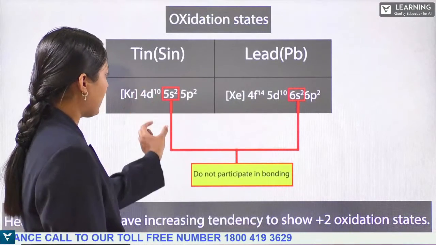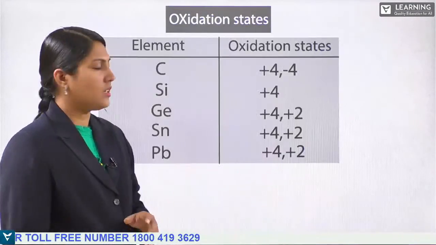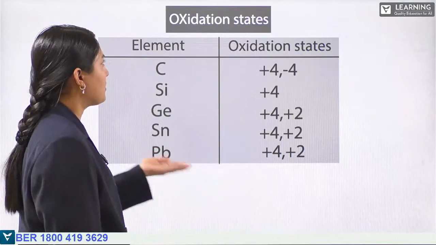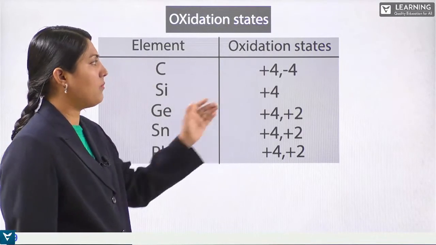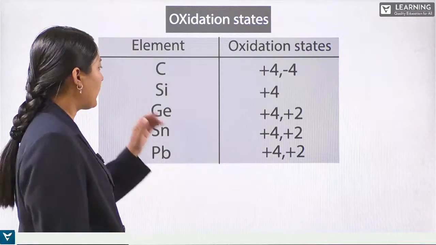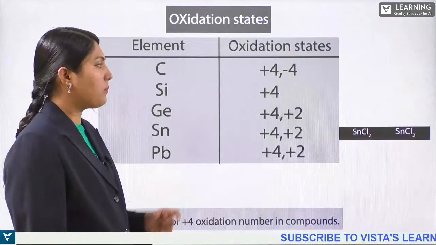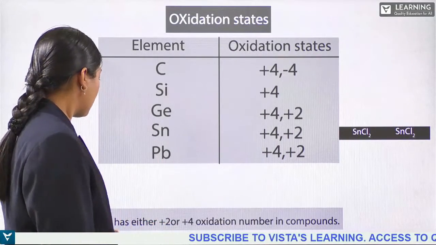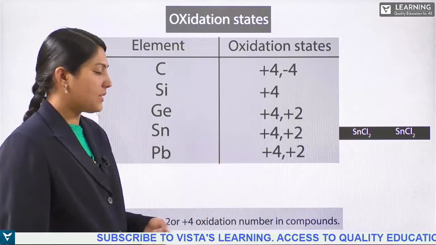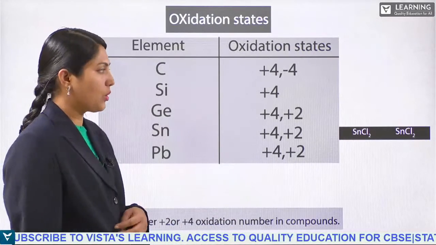As we see, 5s and 6s are not available. So for oxidation state, you can see carbon and silicon will have +4 and -4, whereas germanium to lead will have +2 and +4, where +2 is more stable. So tin has either +2 or +4 oxidation number in compounds.